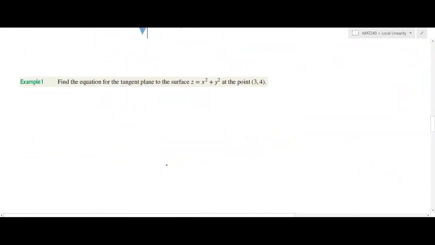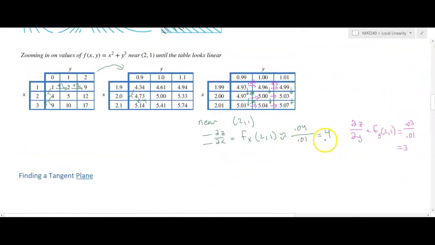Which is exactly the same thing we're seeing in our approximation here. We see that when x goes from 1 to 2, the z value changes by 3, which is pretty close to 4. And when y increases by 1, we actually get a z value increase of +7, which is a lot different than the 3 that we're estimating.